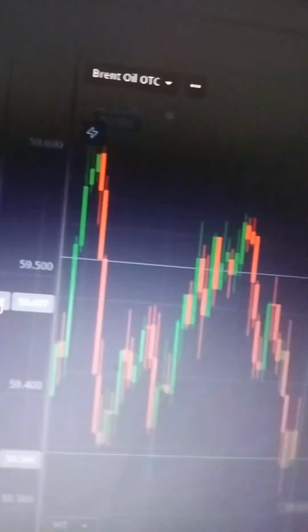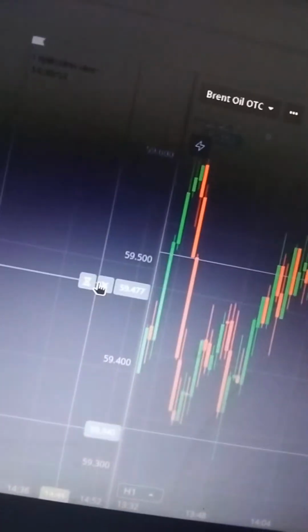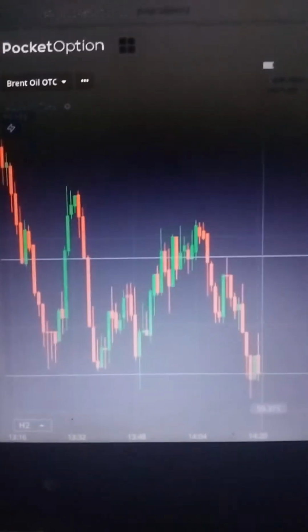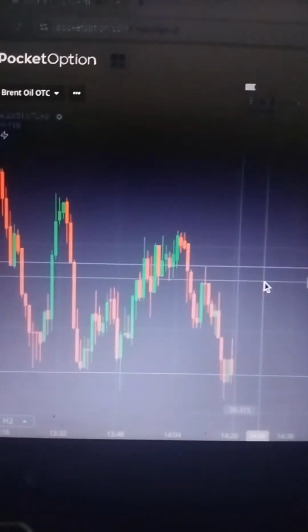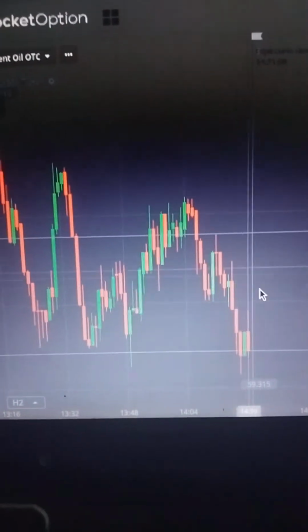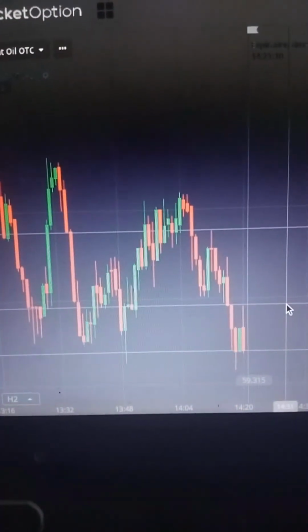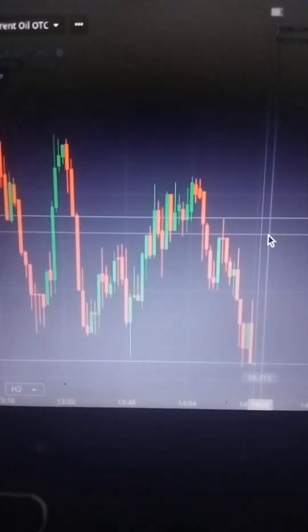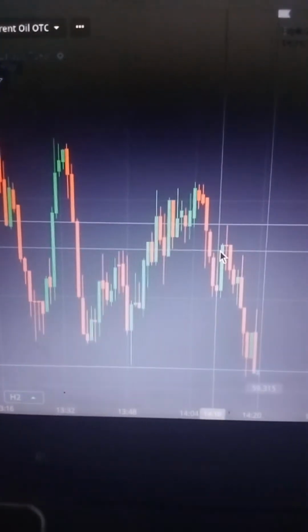So here we have the Brent oil on Pocket Option. We will be using the black box with ICT's concept to try to profit from this market.